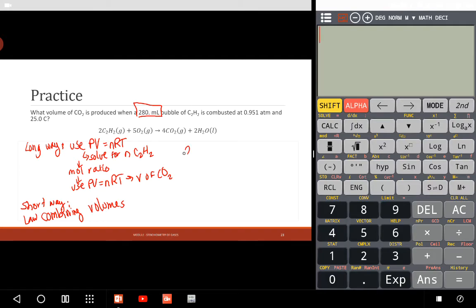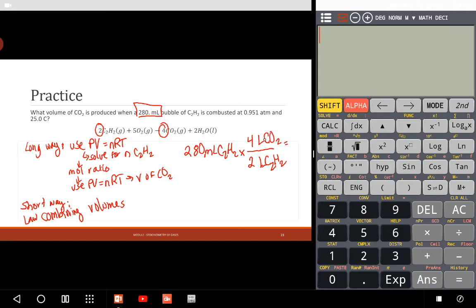So that means that we can take our 280 milliliter bubble of C2H2 and just apply this ratio to cancel out our C2H2 and get into liters of CO2.